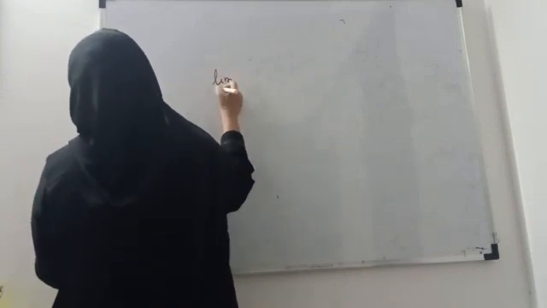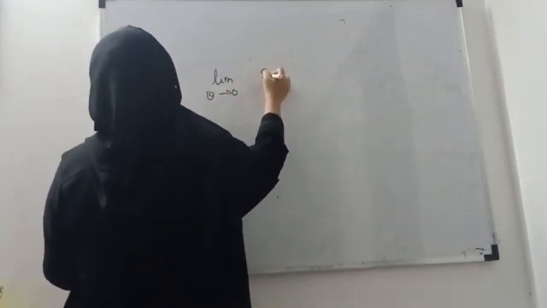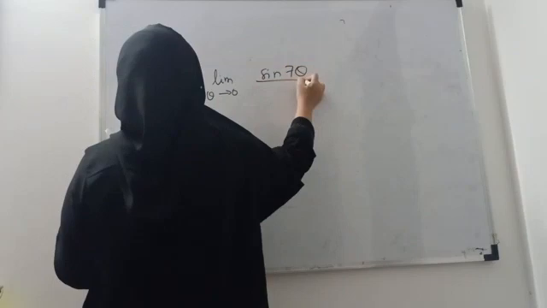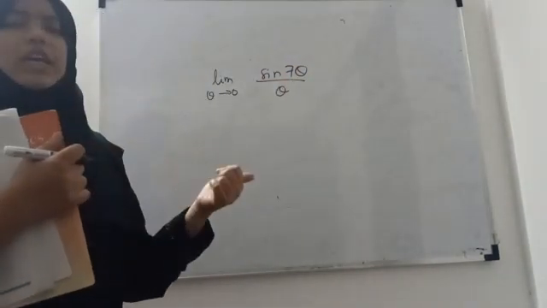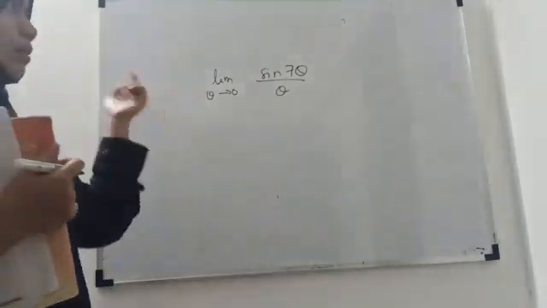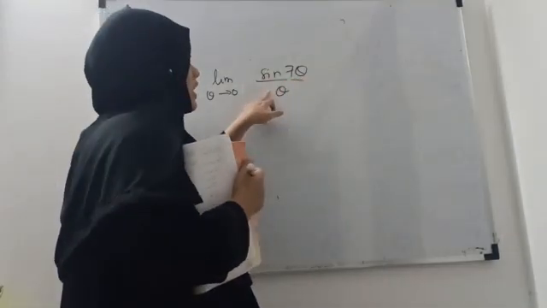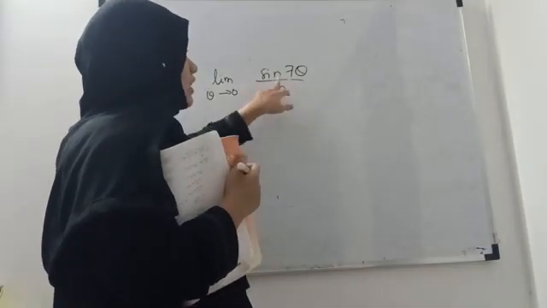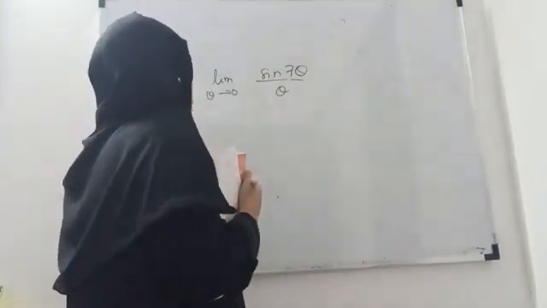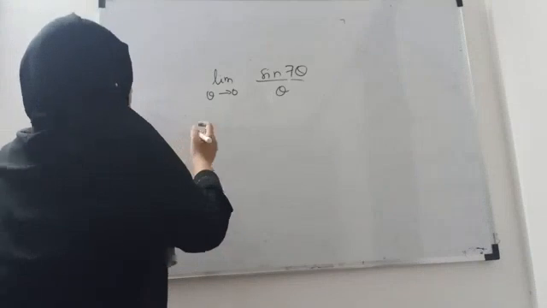Limit theta tends to 0, sine 7 theta upon theta. We know that limit theta tends to 0, sine theta upon theta is equal to 1. But here 7 theta is there and we need 7 here. So what we have to do? We have to multiply and divide the denominator by 7. This only you have to do. Okay.